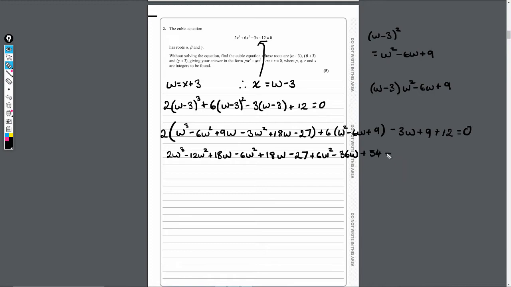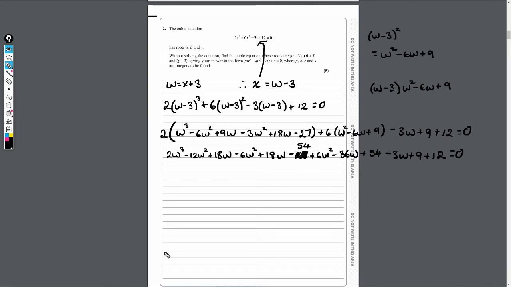I've got my minus 3w here, minus 3w plus 9 plus 12, and that's equal to 0. Oops, I forgot to times my minus 27 by 2. So this will be minus 54, apologies for that.